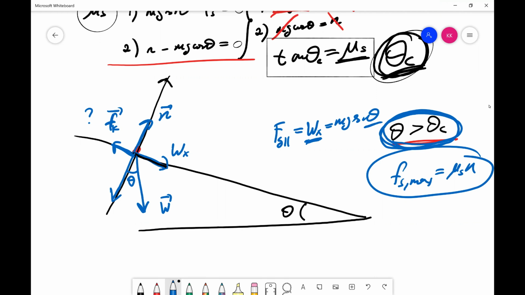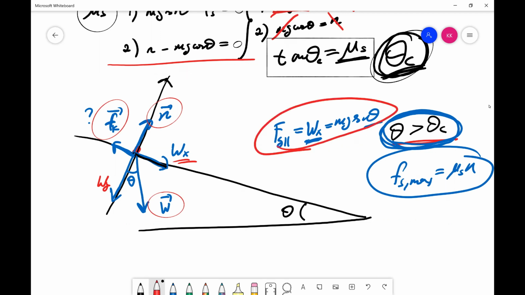Now, technically, again, there are only three forces: normal force, kinetic friction, and gravity. Because gravity is two-dimensional, it has two components, Wx and Wy. It just happens that now the x component of gravity is greater than kinetic friction, so the object starts sliding down and speeding up.